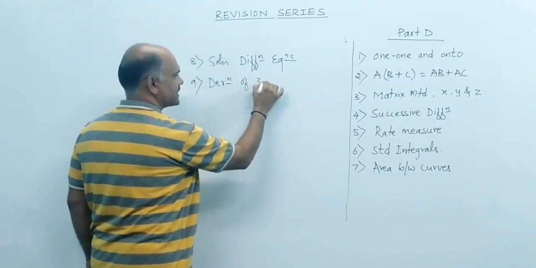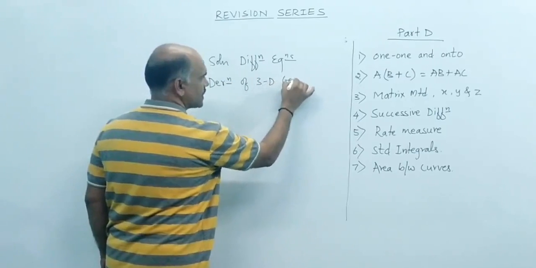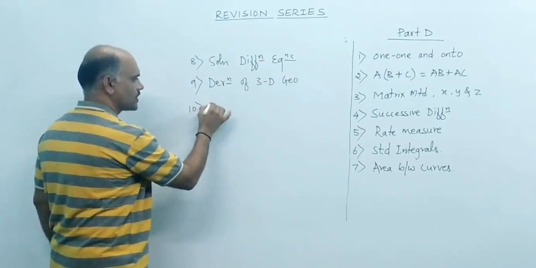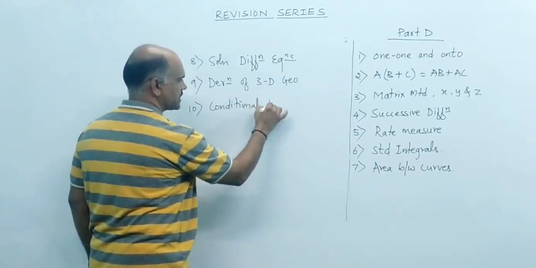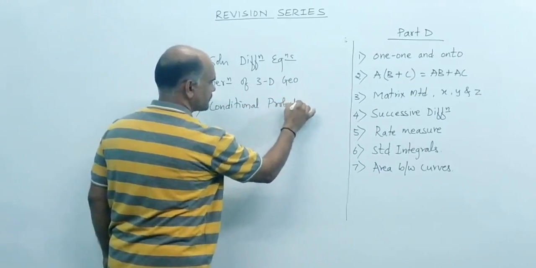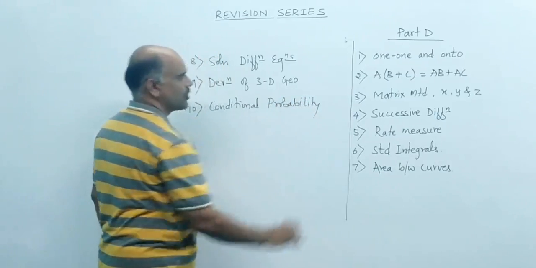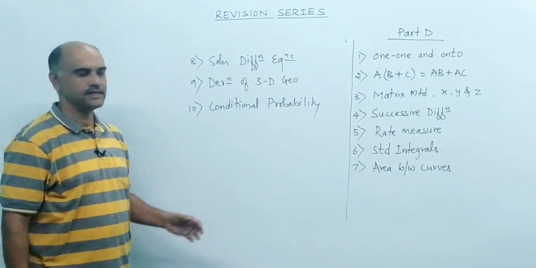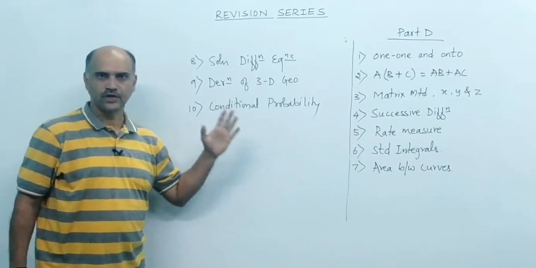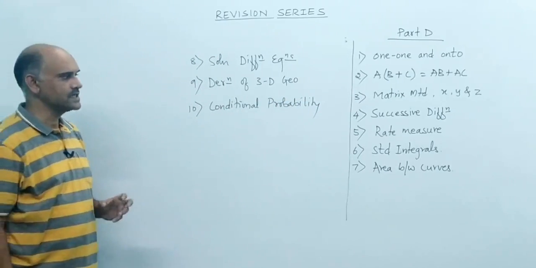And tenth one will be on conditional probability. So out of 10 you are required to answer 6.